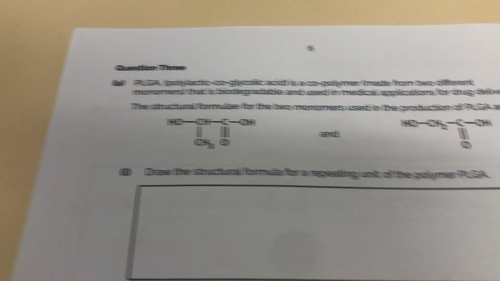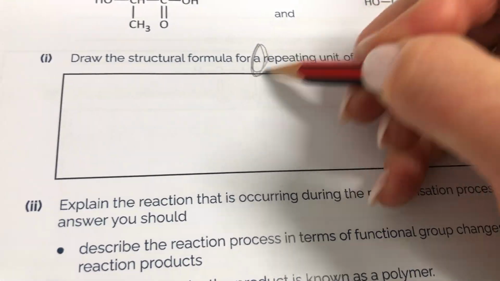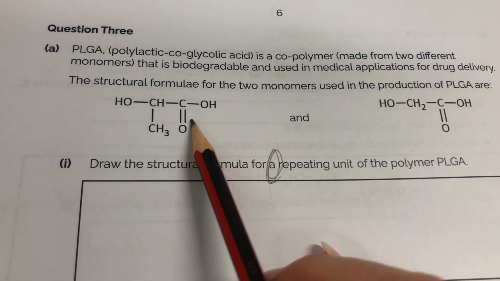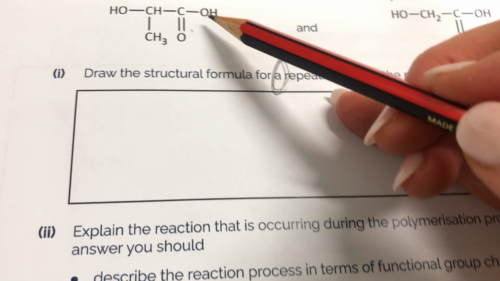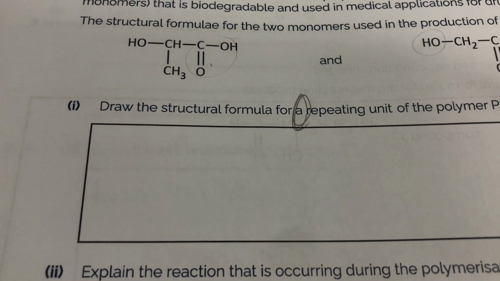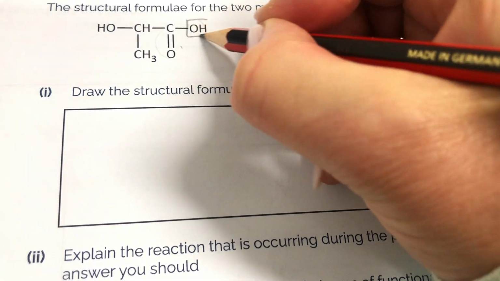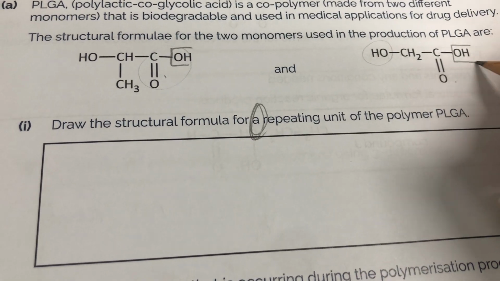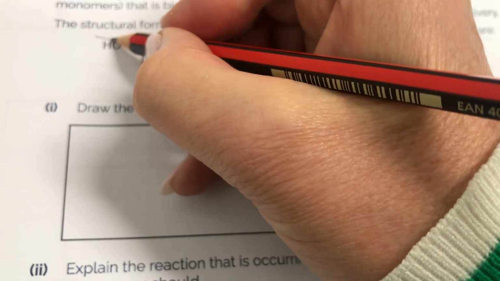Okay, question 3, we're up to our polymers question. So we need a repeating unit, so that's one of these and one of these. It's drawn very nicely for us. We need to condense the alcohol and the carboxylic acid group to make an ester group. So remember, we're going to take the OH off the carboxylic acid, and we're going to take the H off the alcohol.